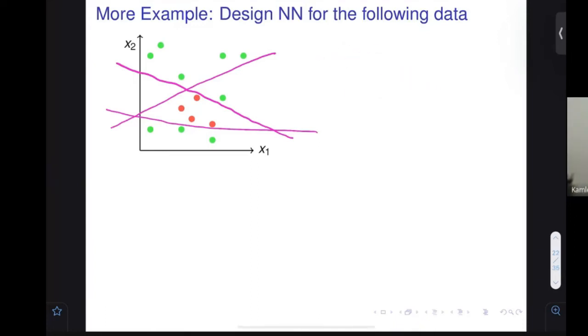You can say line number 1, line number 2, and line number 3. If I ask about this area, it is above 2, above 3, and below 1. So can I write it like this? This area is 1 bar 2 3.